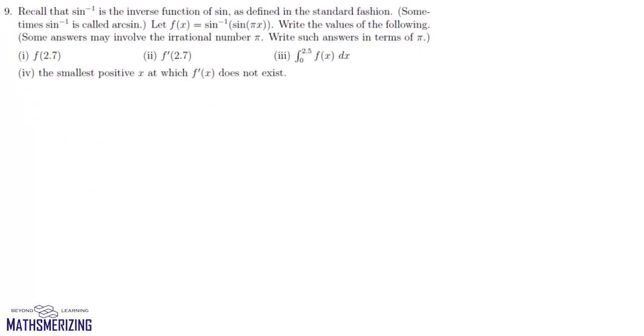Now question number 9 is, we are given a function f(x) which is sine inverse of sine pi x. Now write the values of the following. Now what we'll do is we'll draw the graph of sine inverse of sine pi x, and for that we'll draw the graph of sine inverse of sine x.